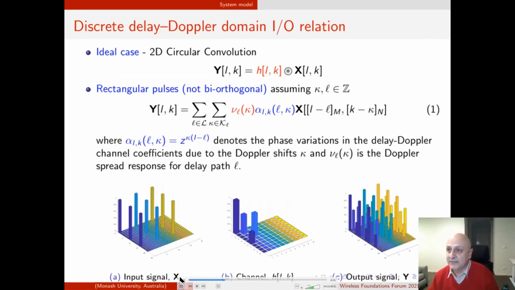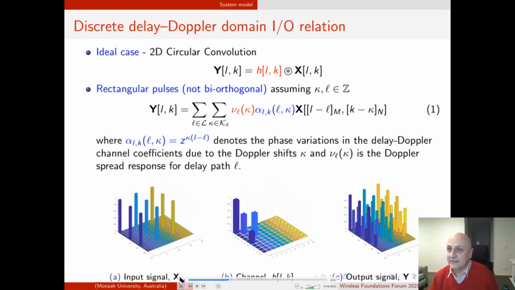If we look at this relation in the delay-Doppler domain, this corresponds to a two-dimensional circular convolution of the channel delay-Doppler response with the data in the delay-Doppler domain. Now, this is not the case if the pulses GTX and GRX are not perfectly biorthogonal.